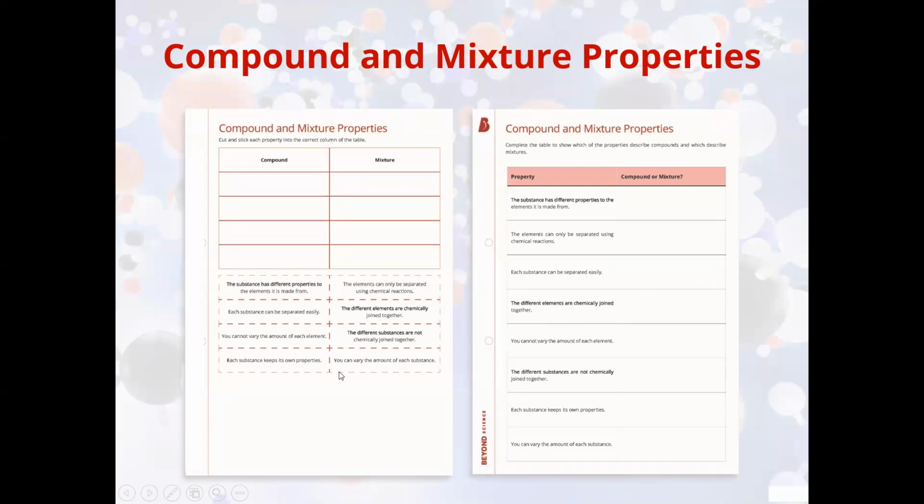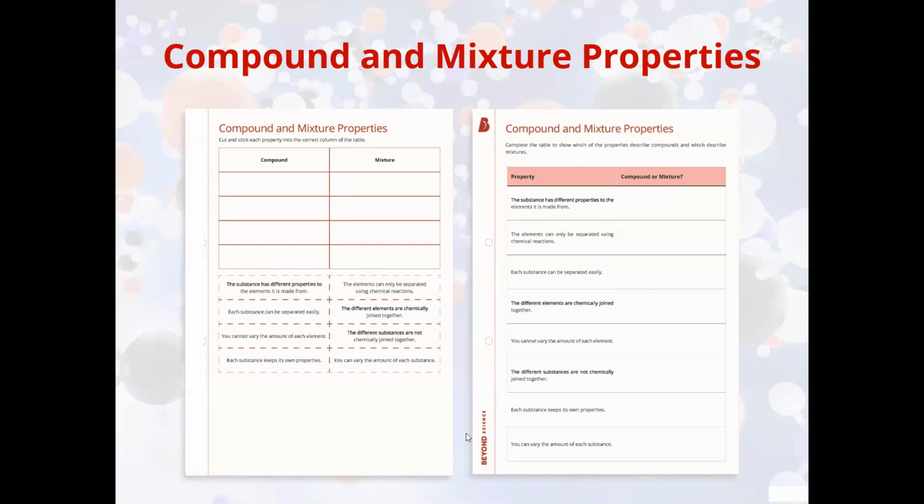Okay, here is now an activity where they give you a compound and a mixture column, and you have to go and say whether these are compounds or mixtures. So the first one, these are all the properties. The first one is the substance has different properties to the element it is made from.